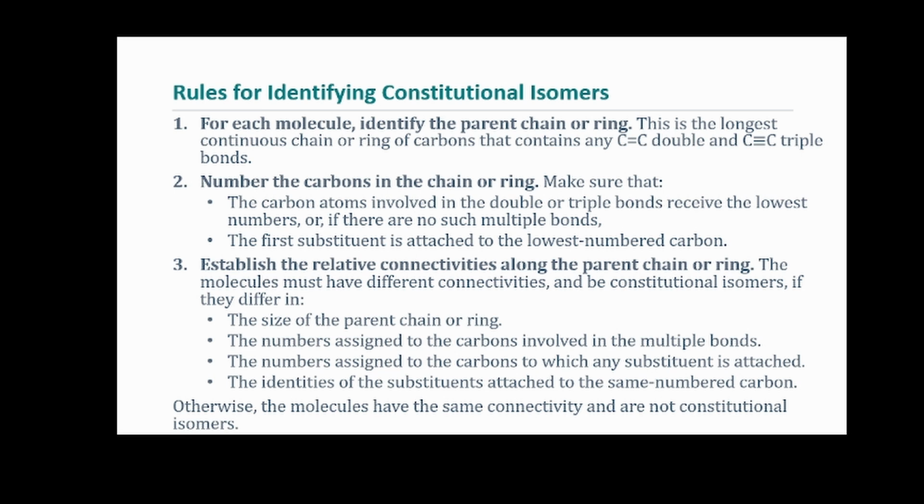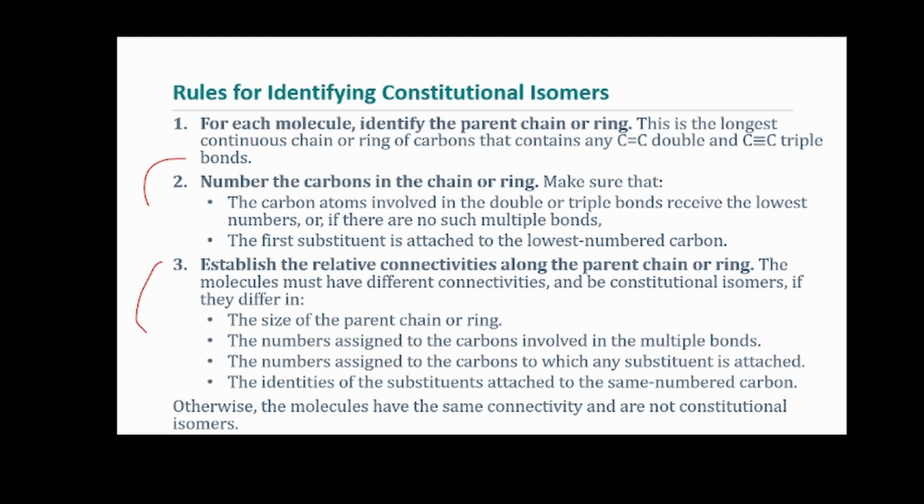You're literally dividing up constitutional isomers so you can give them names that identify which one's which, right? Number 2 is the number of carbons in that chain or ring. So again, make sure the carbon atoms involved in the double or triple bonds receive the lowest numbers, or there are no such multiple bonds. The first substituent is attached to the lowest-numbered carbon.